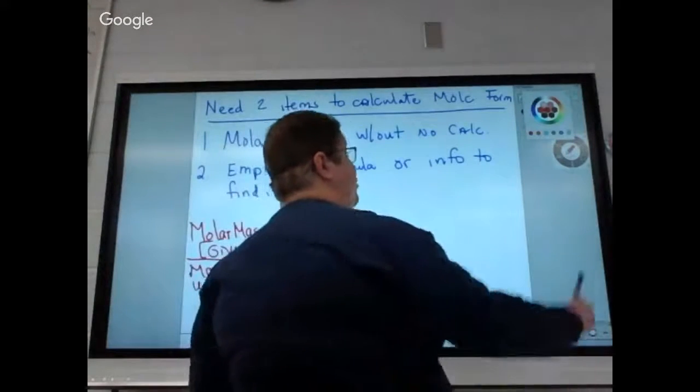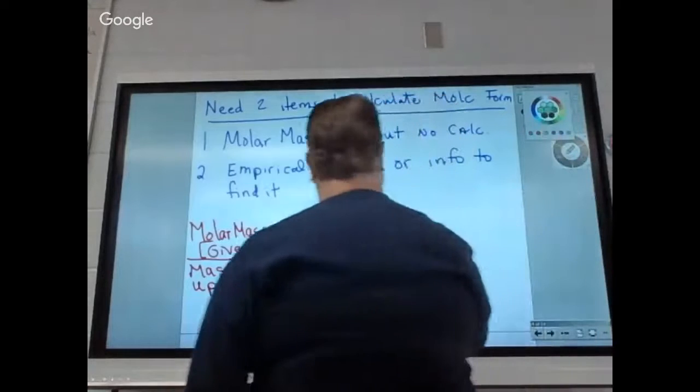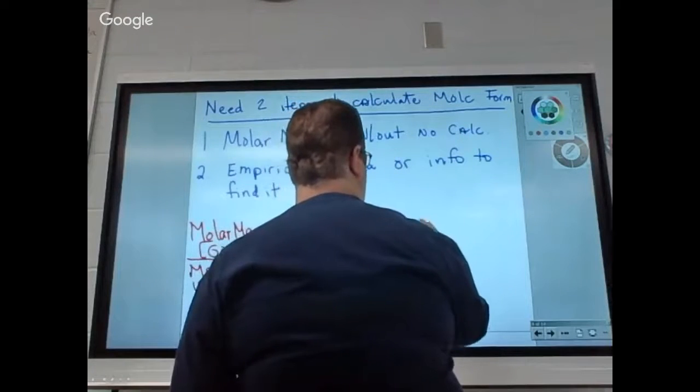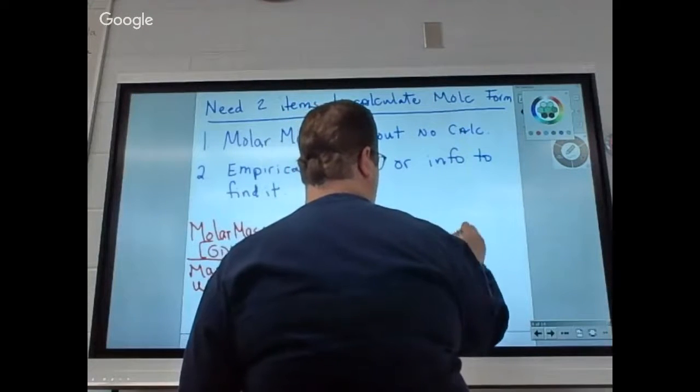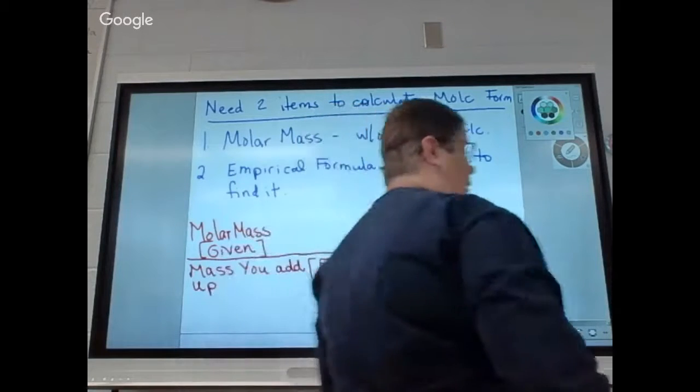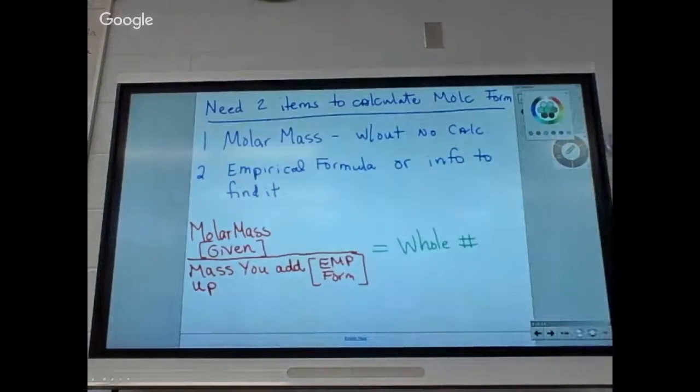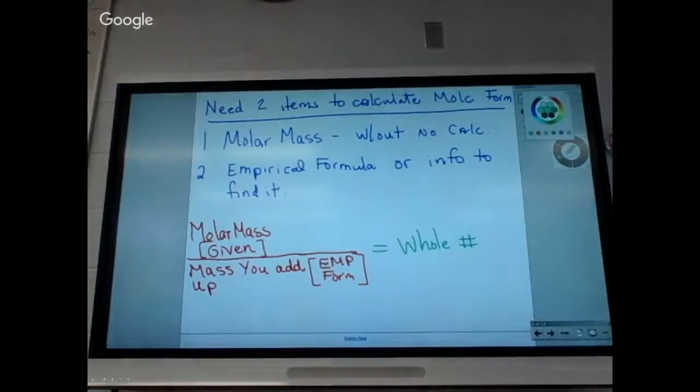Now, when you divide, you are going to get a whole number. A 1, 2, 3, 4, 5, 6, 7, 8. If you don't get a whole number, you have a mistake. Because that whole number is telling you what the formula was reduced by. I'll explain that when we do the example.